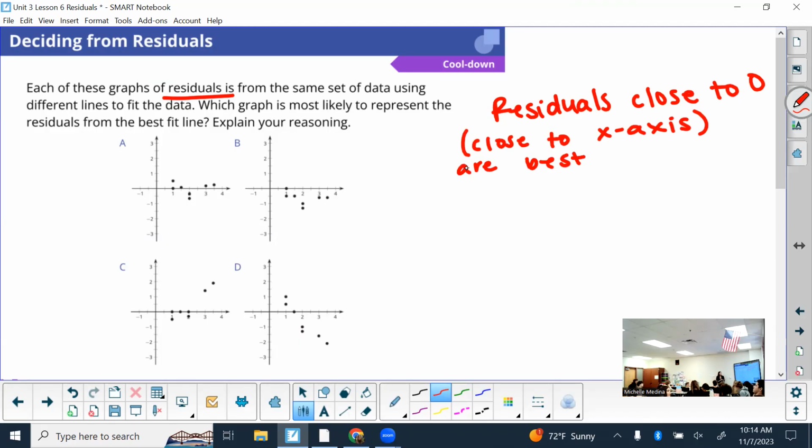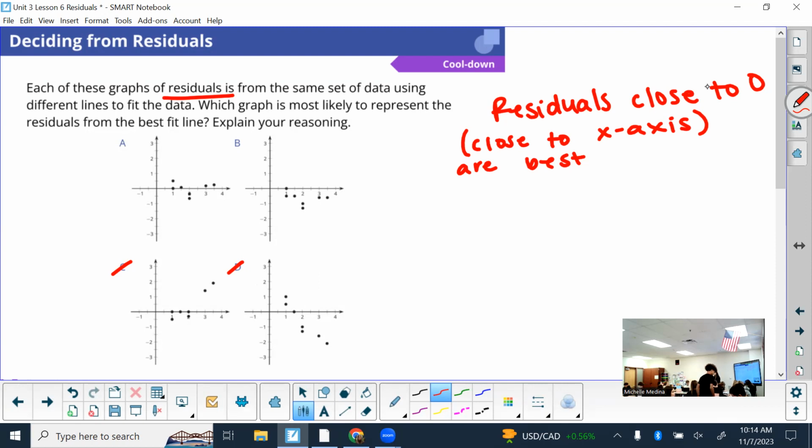So I would probably say B and C are a bit too far away from that to say that these are for the best fit line. Does that make sense why it's not C or B? Okay, because they're too far from the x-axis.